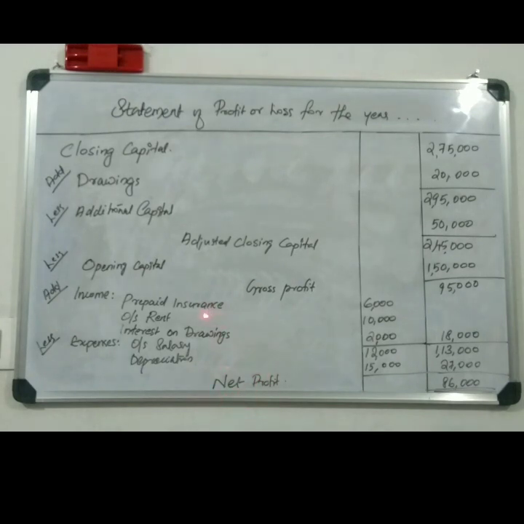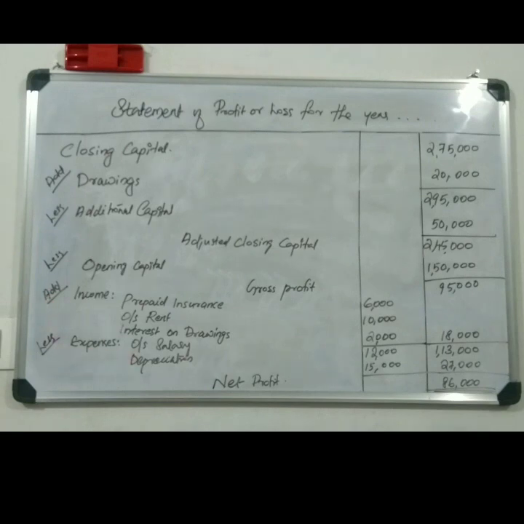So these three are the items coming under the head incomes. Let us total it. So we got a figure of 18,000 rupees as incomes. Adding income to the gross profit, we got 1,13,000 rupees as the net figure. From this figure, we have to deduct all the expenses.